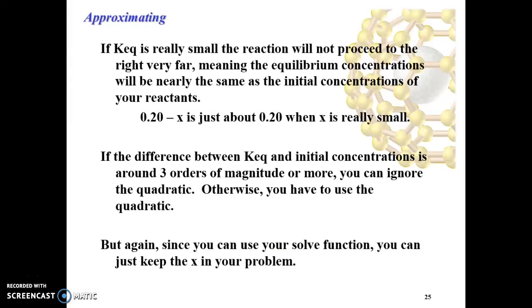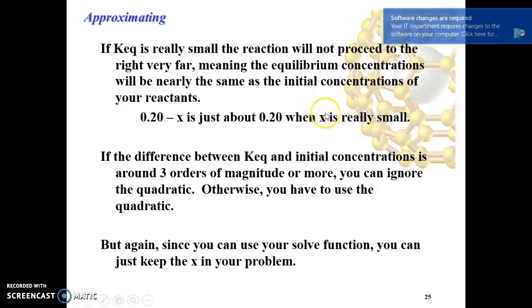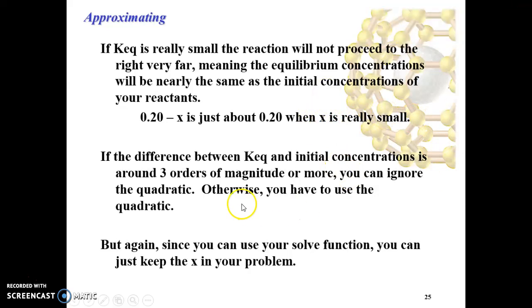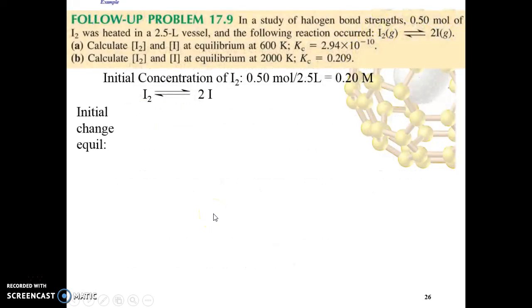Okay, so because you have the solve function, this is probably going to be an irrelevant idea, but you can often ignore x because the change is going to be really small. So if KEQ and the initial concentrations are bigger than 3 orders of magnitude, you can ignore the change in x from this value. So you could take a look at a situation like this.